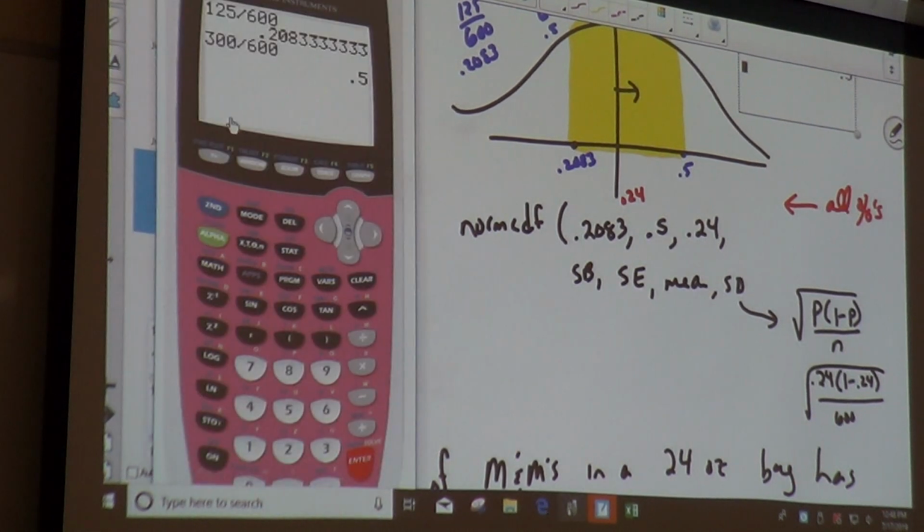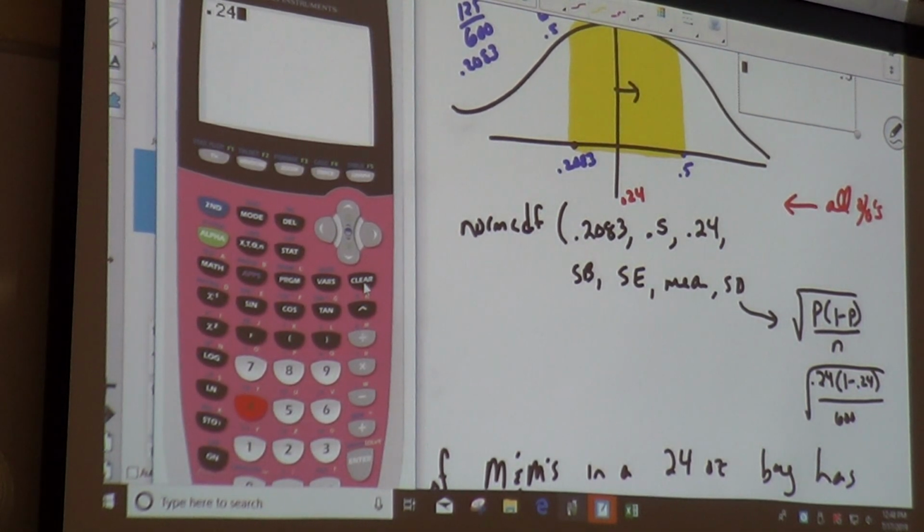So in my calculator, it is going to be 0.24, parentheses, 1 minus 0.24, and this is where I would get my answer, then I would divide by 600, then I would take the square root of that answer.